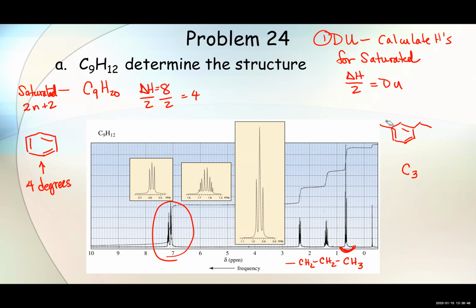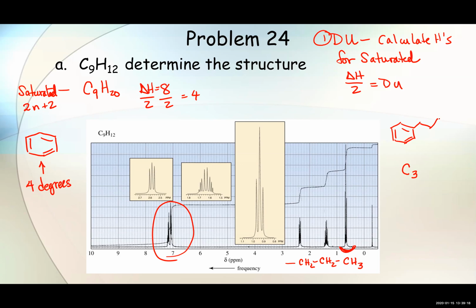What my structure actually looks like is this. You can just redraw the benzene ring if you want. So I have a CH2 next to the ring, and remember, because of anisotropy, it shifts. It usually shifts about 1 to 2 parts per million downfield. And it's a triplet because it's next to the CH2. On the other side is the benzene ring, and there are no hydrogens there.